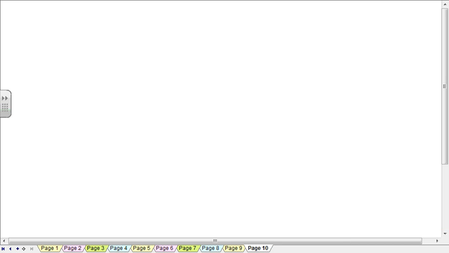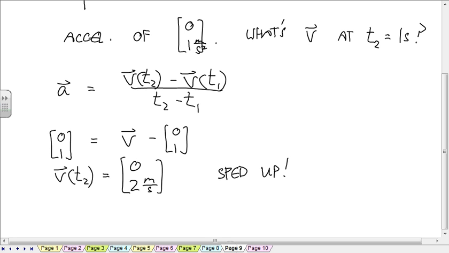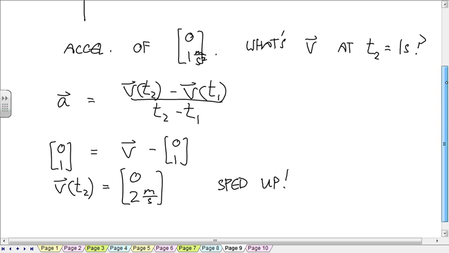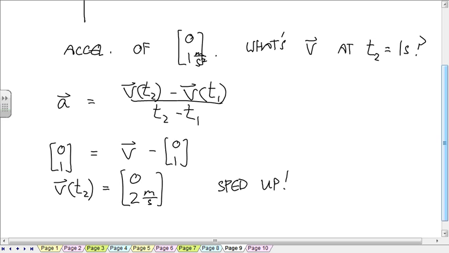So now let's go to the second one. So for the second one, we're going to start with that velocity vector of 0, 1, and say that we have an acceleration of 0, -1. Okay, that's in the opposite direction.